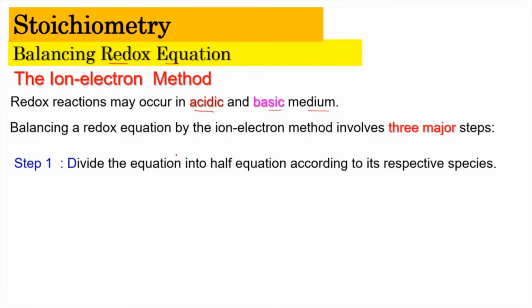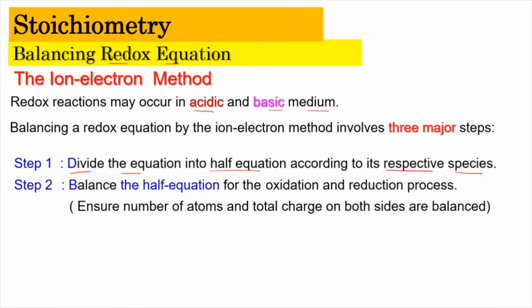Step number 1, divide the equation into half equation according to its respective species. Step number 2, balance the half equation for the oxidation and reduction processes. And what is meant by balance is that we need to ensure the number of atoms and the total charge on both sides are balanced.